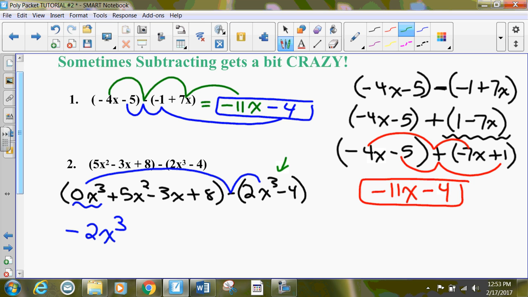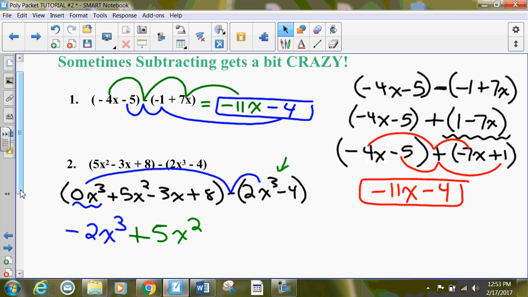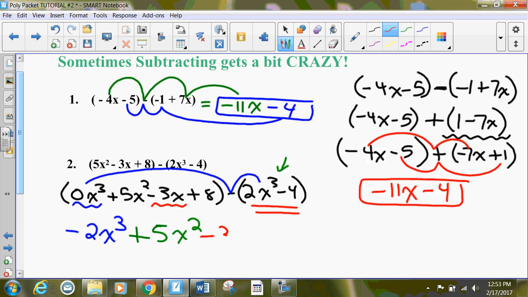So 5x squared minus nothing, because nothing's there to subtract, it's just 5x squared. Then we move on to our next term, and our next term is the minus 3x. Is there in this binomial a term with just an x? No. So we're not going to subtract anything. We're just going to have a minus 3x because there's nothing to subtract from it.